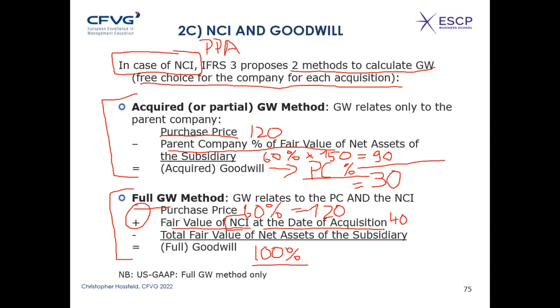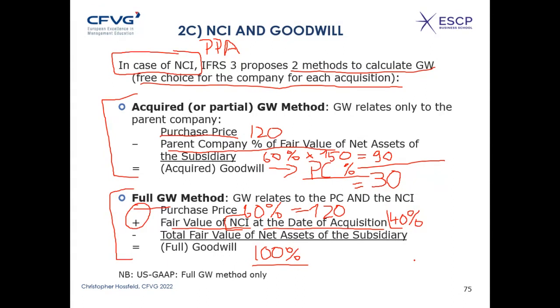Okay, now you could say, since for 60% someone paid 120, I do a proportionate calculation to know what the value is, hypothetically, of those 40%. That is one possibility. However, accounting standards do exclude this possibility.